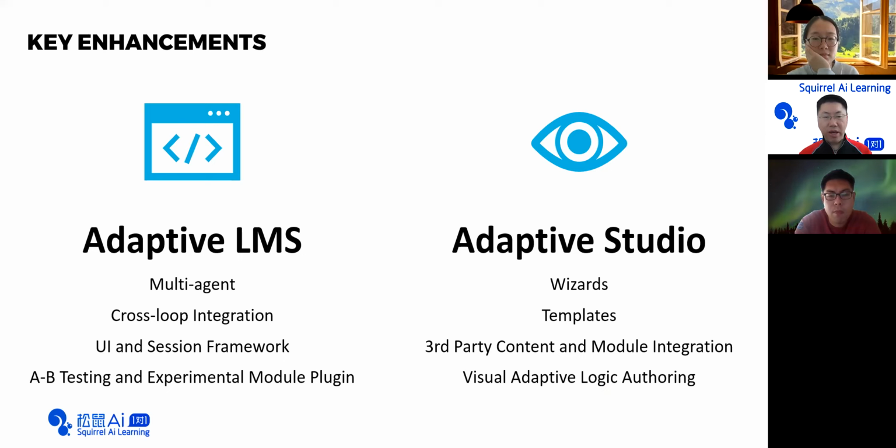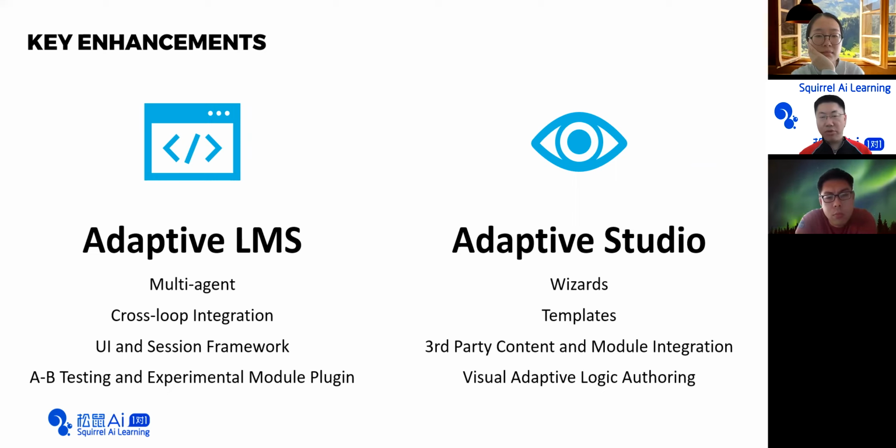The adaptive learning management system is a multi-agent system. It does cross-loop integration for adaptive modules. It has a UI and session framework to play and integrate agents as well as other modules into the framework easily. It also allows A/B testing experimental module plugins.